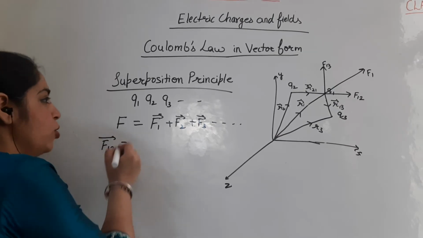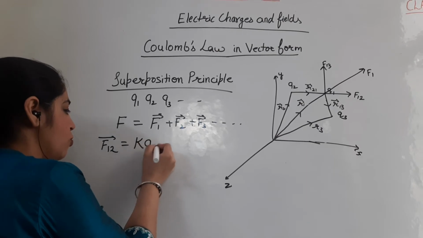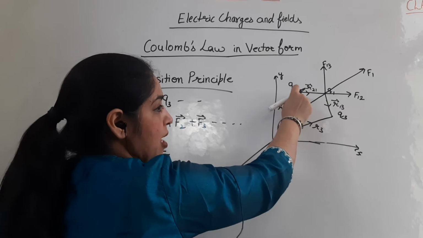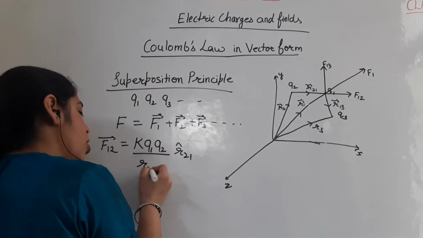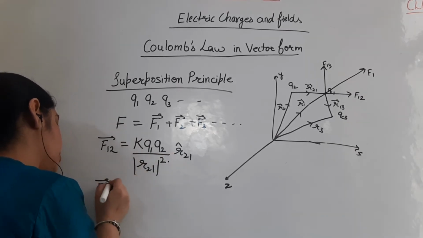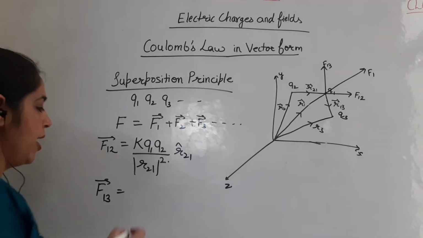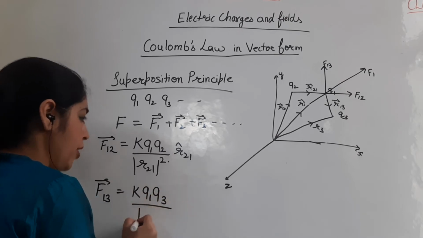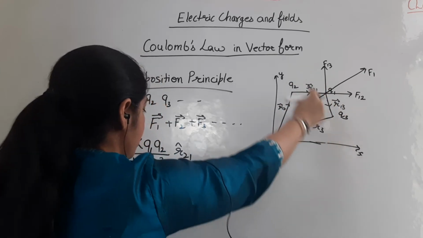What is F12? Once again, K Q1 Q2 upon magnitude of R21 square, direction R21. Similarly, let's write down F13. So what do I have? K Q1 Q3 upon magnitude of R31 square, direction R31.